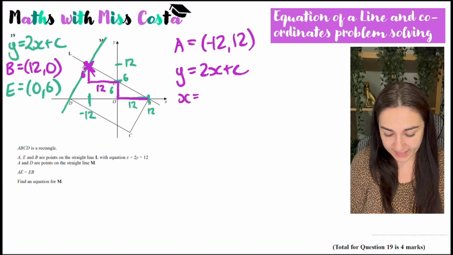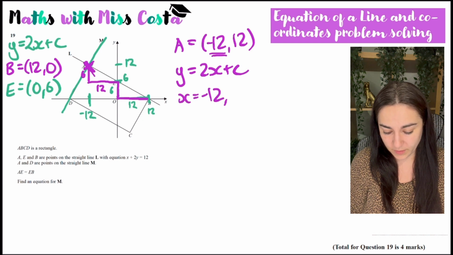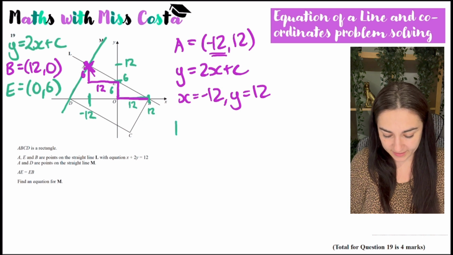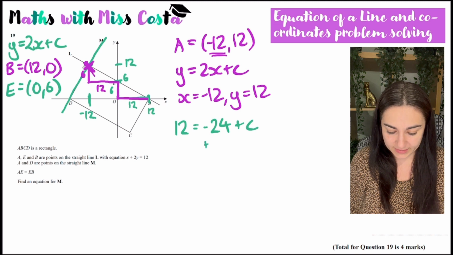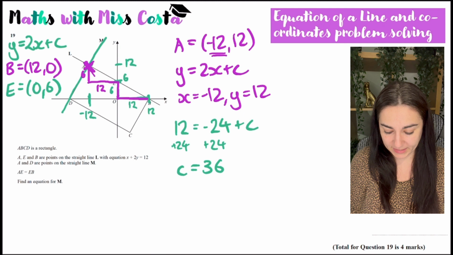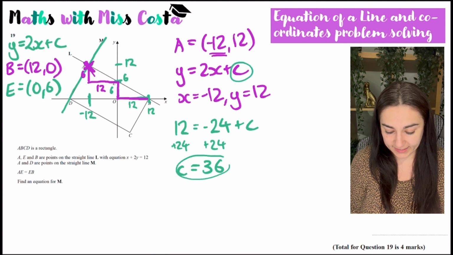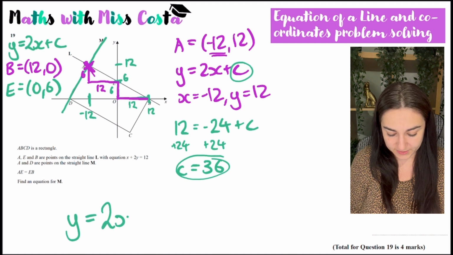So I know that when x is negative 12, y is 12. So let's just substitute that in. 12 would equal minus 24 plus c. So if you add 24 to both sides, you find out that c must be 36. So if c is 36, my final equation is going to be y equals 2x plus 36.